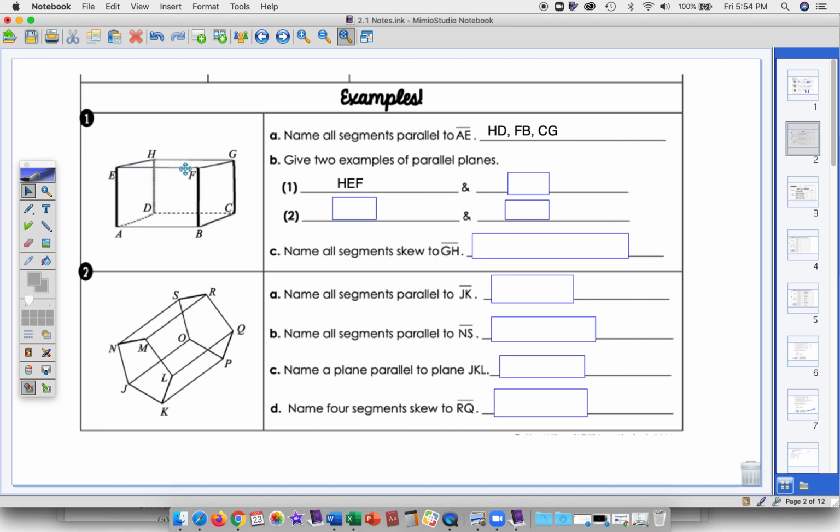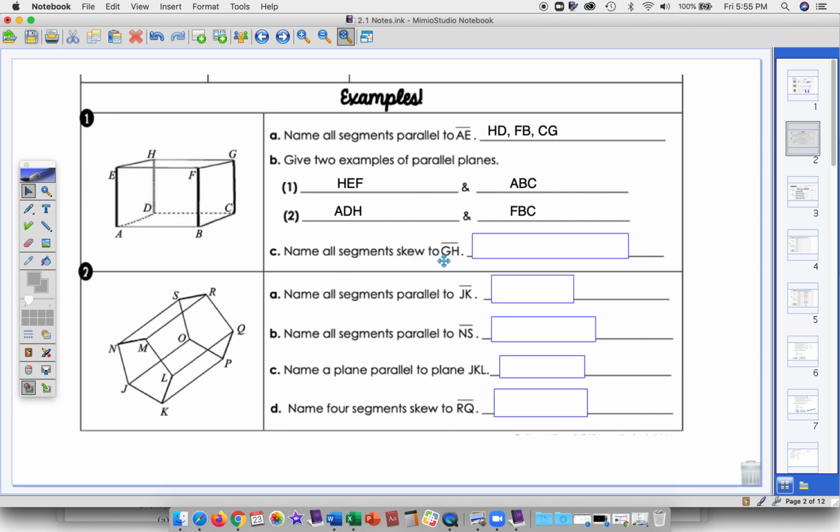But again, there's lots of other combinations that could be used. But 3 points define the plane. So EHF, and I went with ABC. ADH is the plane over on this left side. So that would be parallel to this plane, which I named FBC.